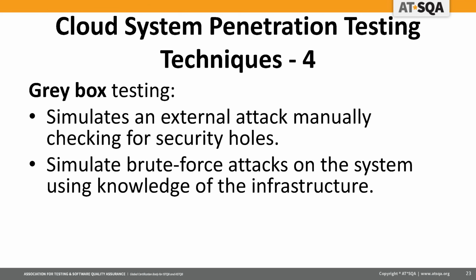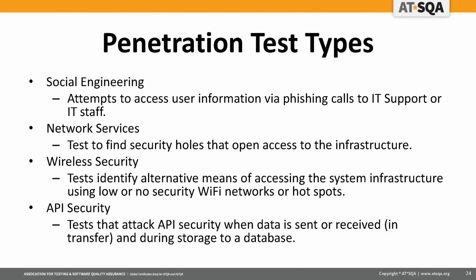Gray box testing is useful when most, but not all of the details of the infrastructure are known to the tester. Social engineering, network services, wireless security, and API testing are types of penetration tests executed against a cloud system.